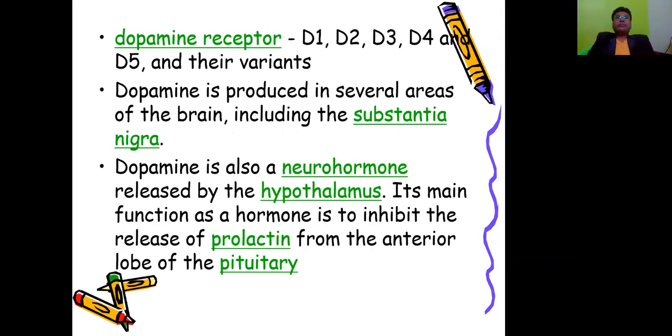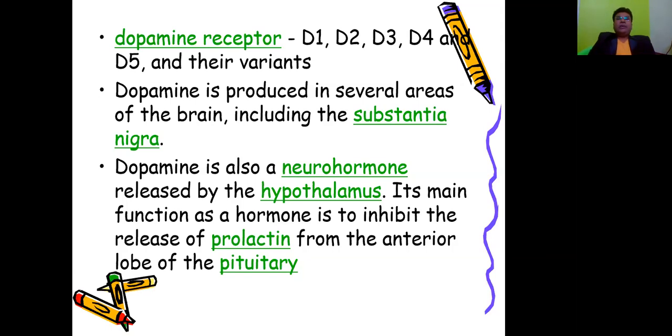Now, what are these dopamine receptors? As I already told you, there are 5 types of dopamine receptors from D1 to D5. Dopamine is produced in several areas of the brain, including the substantia nigra.